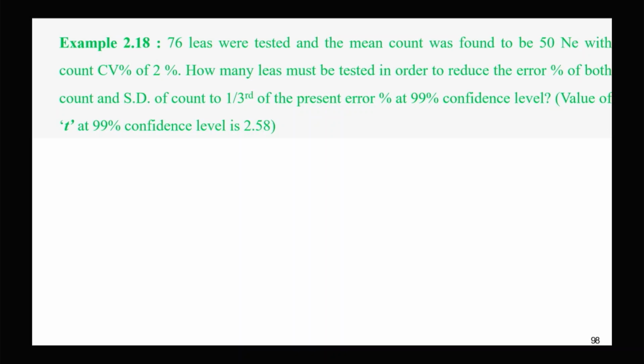Now, next problem, it's a similar problem. Here 76 is the present number of samples, and 50 NE is the yarn count, and count CV is 2%.